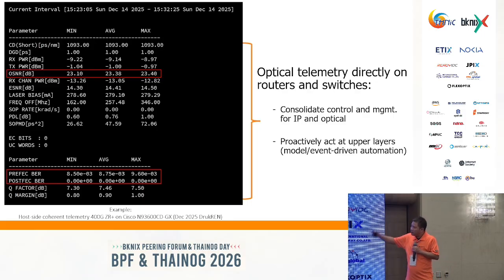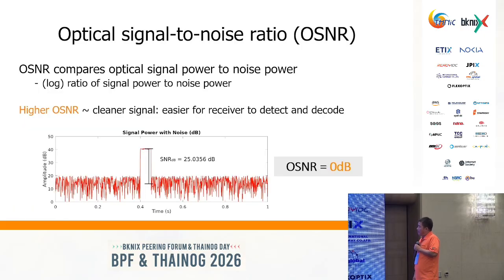There are those parameters, this telemetry information that comes to me, which means I could do some automation work and say, hey, if it hits this kind of threshold, maybe you want to reroute traffic. So it allows you to do that. In a way, we now have some form of consolidation between IP and optical management.